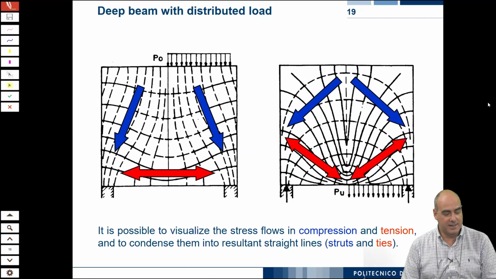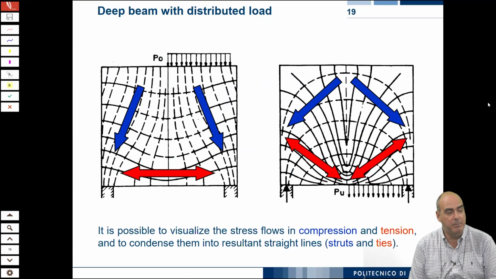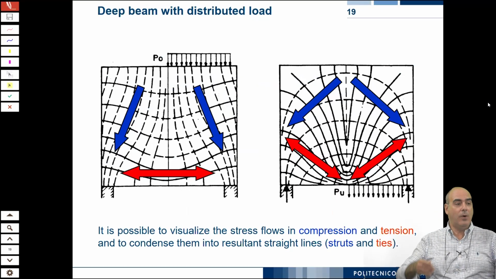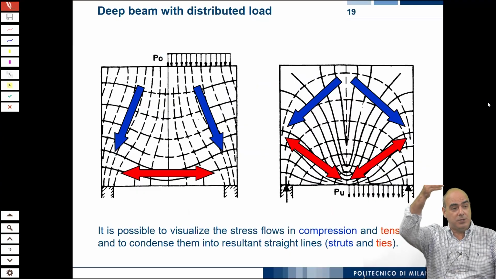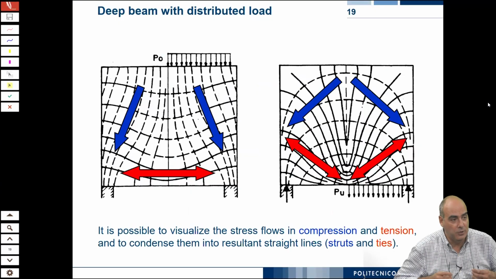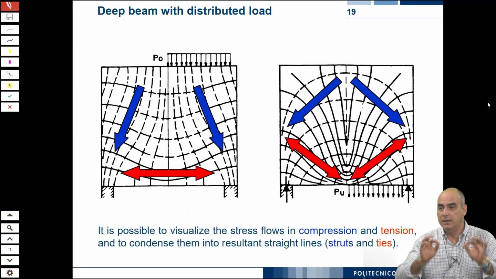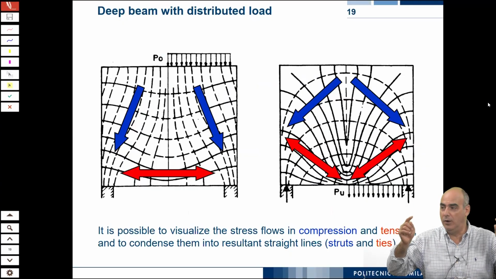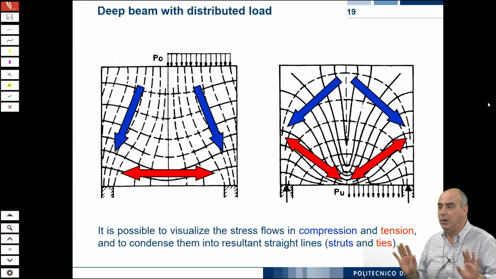So look here, for example, these are two deep beams. This deep beam is supported, and you have a load, the same load, which is applied either on the top or on the bottom. Well, if you would have to use the classic scheme of a simply supported beam with the load, these two situations you will not distinguish.